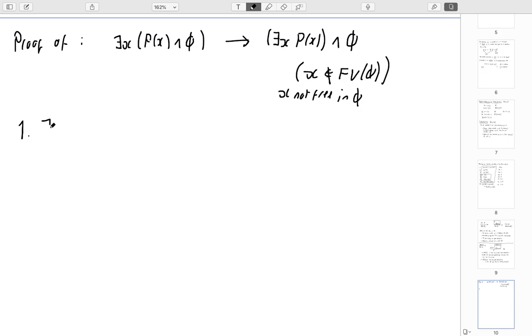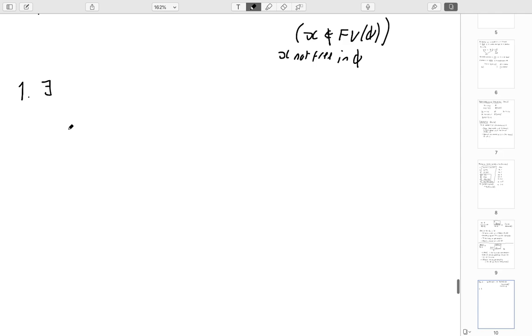So we're going to assume that there exists an x such that there exists an x. Just trying to get an x to look like an x. There exists an x.